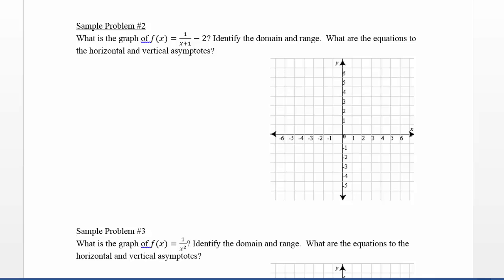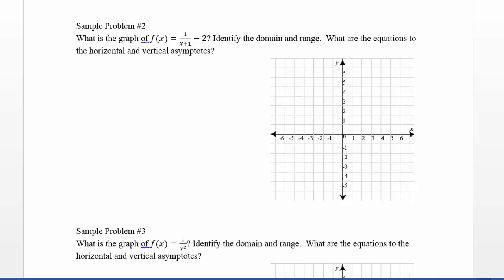First of all, the a value is 1, so this is just the standard reciprocal function. The curve is not getting farther away from the origin, or in this case where the asymptotes cross. It's your standard reciprocal function curve. Now we have x plus 1, and remember that h is always opposite, so this is going to go back 1.